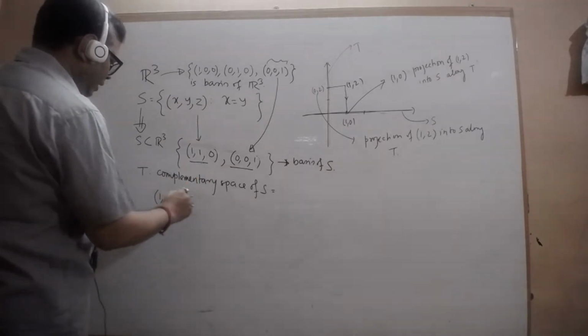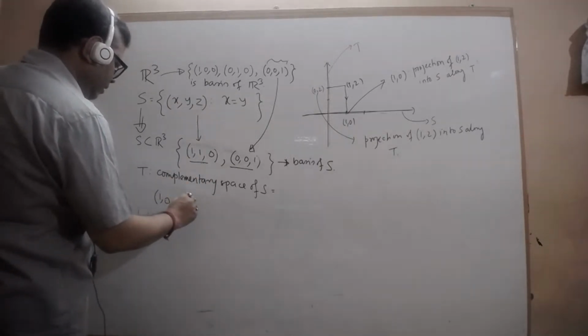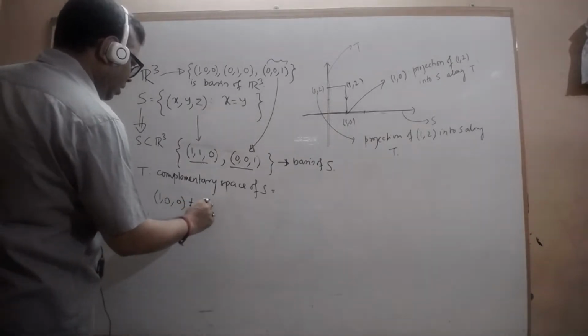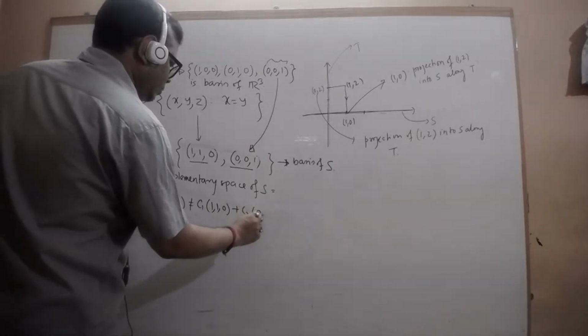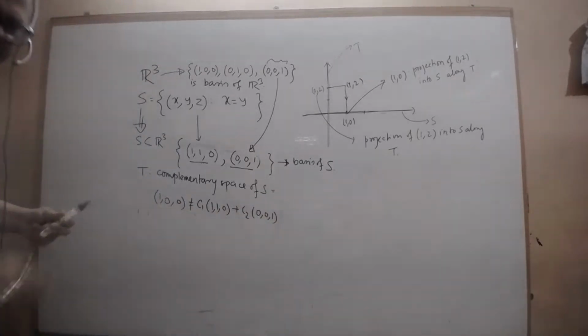This is an independent vector because you cannot write this as a linear combination of this. Why? Just check it.